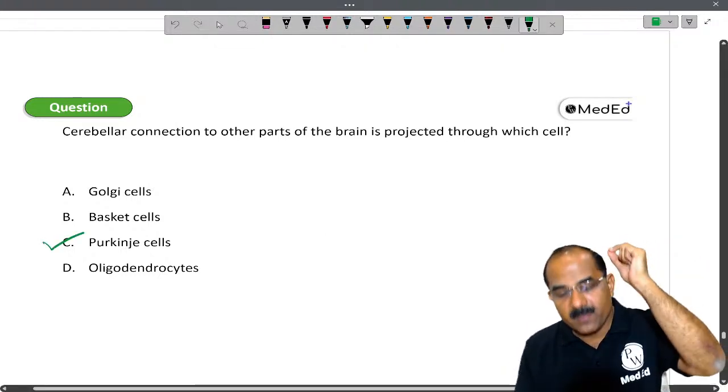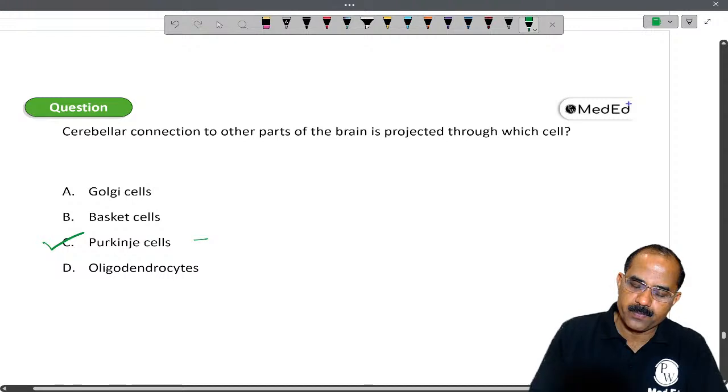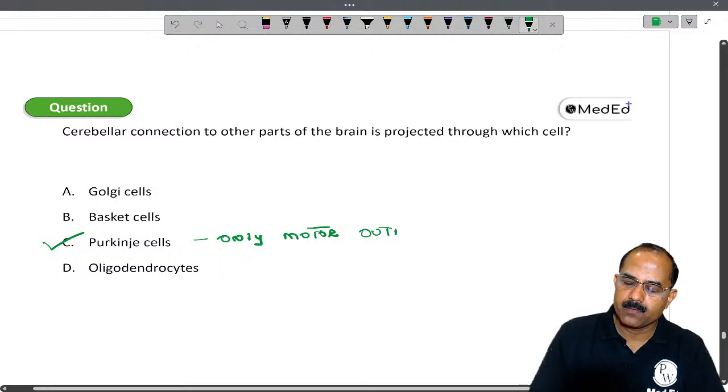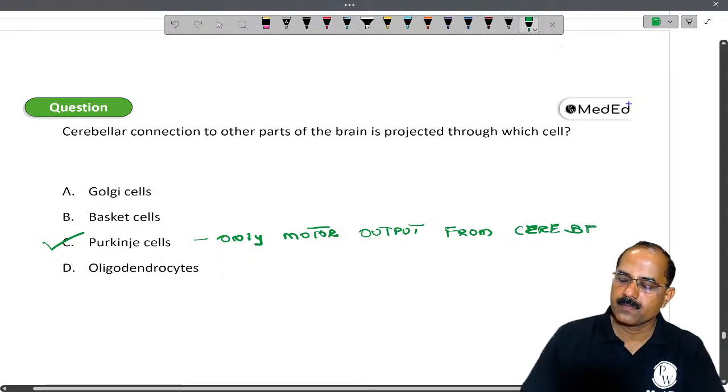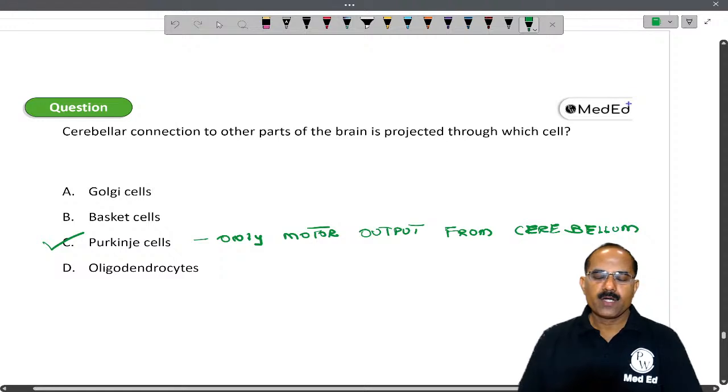Purkinje cell is the only motor output from the cerebellum.